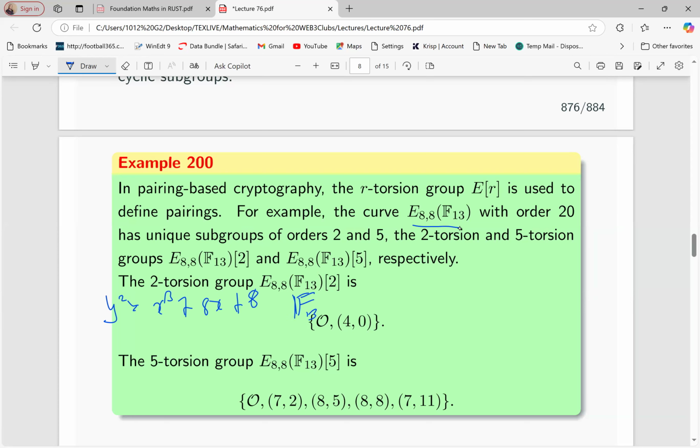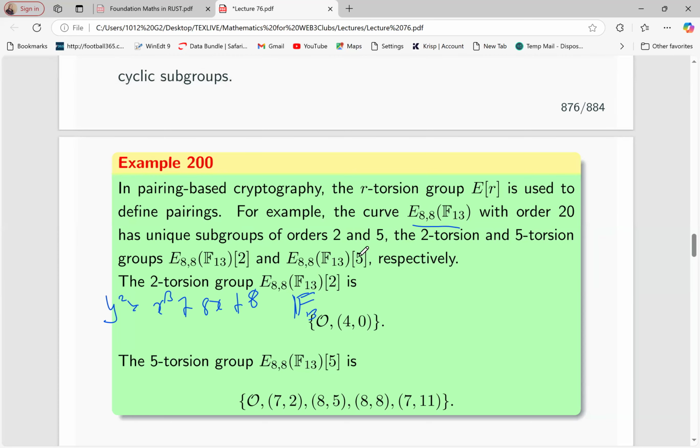Now, before we find out the torsion groups, we must first find out how many elements are here.